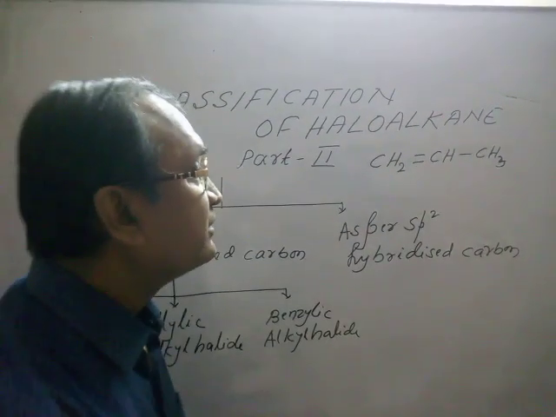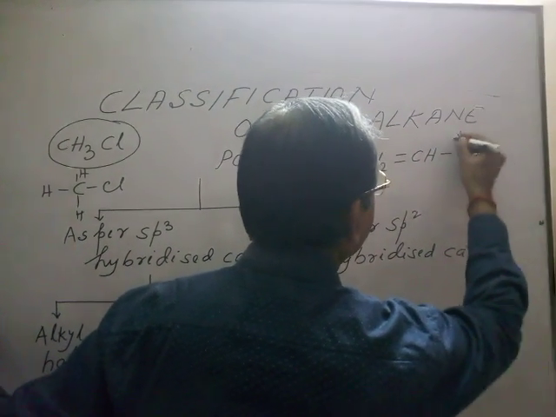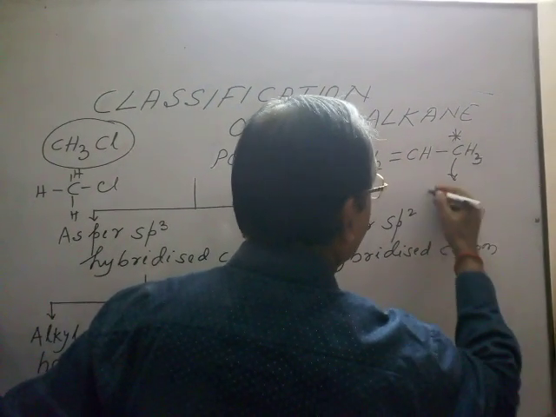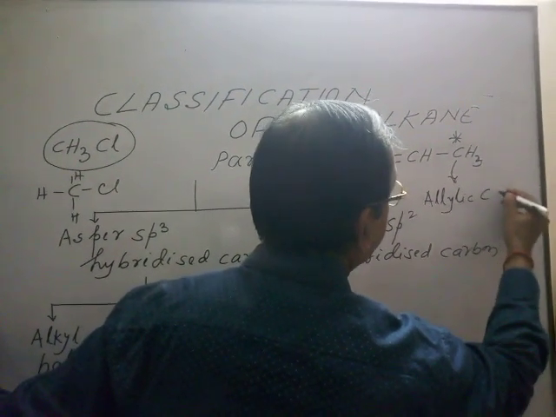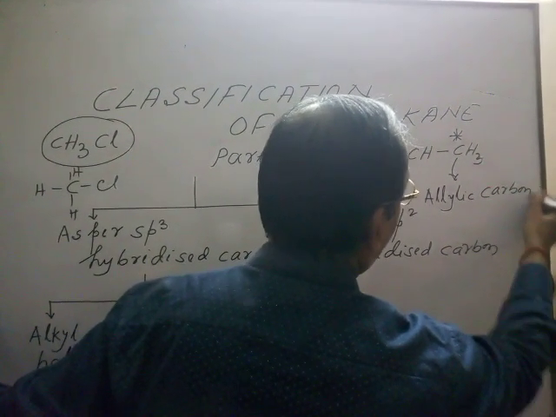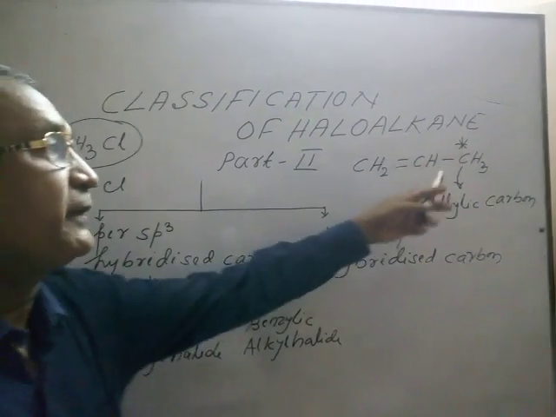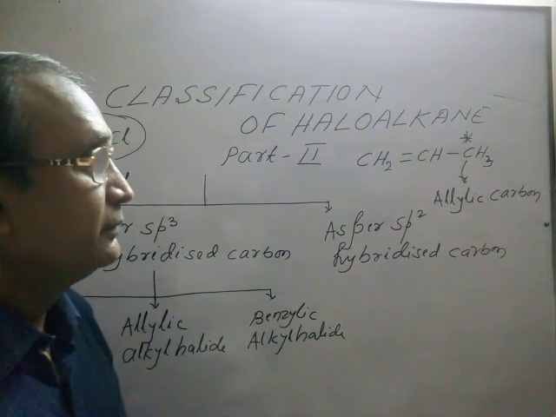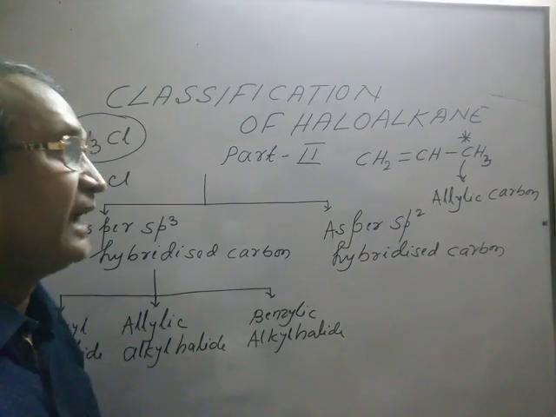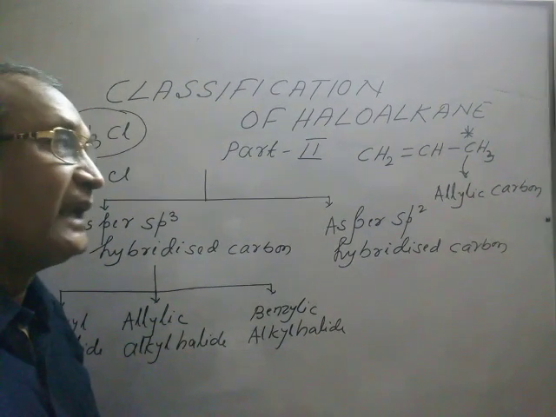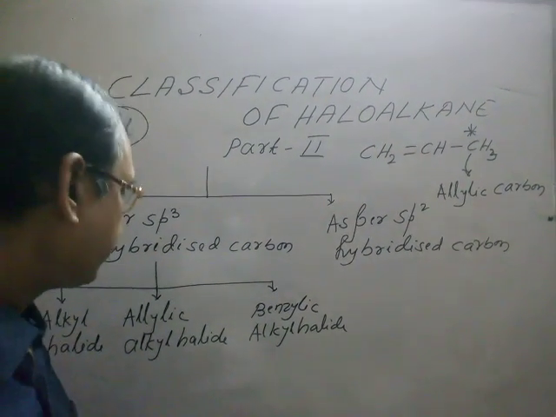For that, this carbon is known as allylic carbon. And if in this allylic carbon halogen joins, then that type of alkyl halide is known as allylic alkyl halide.